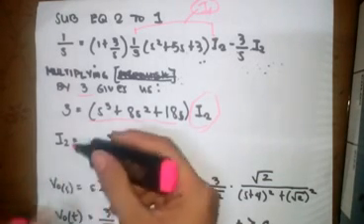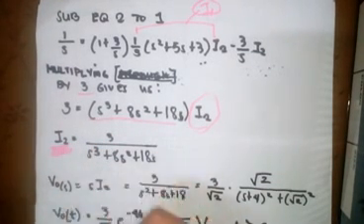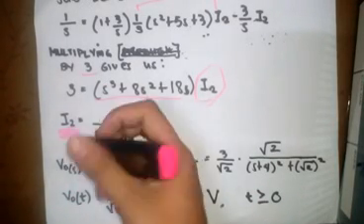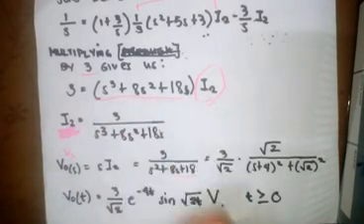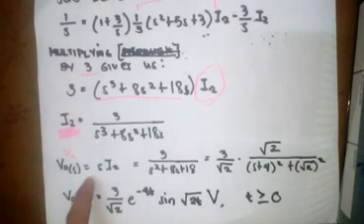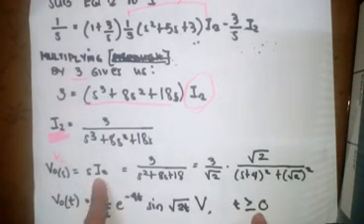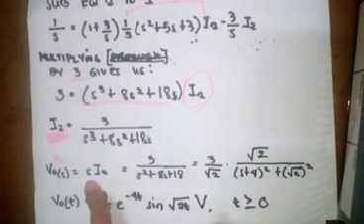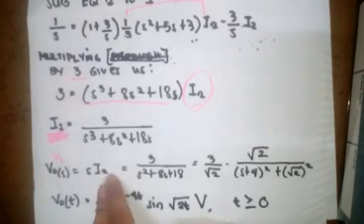So now that we have I2, we can find the value of the voltage across the inductor. V2, which is just VL, equals the impedance of the inductor, s, multiplied by I2.